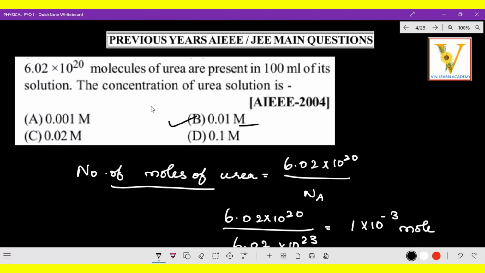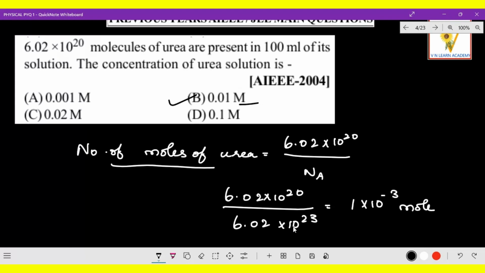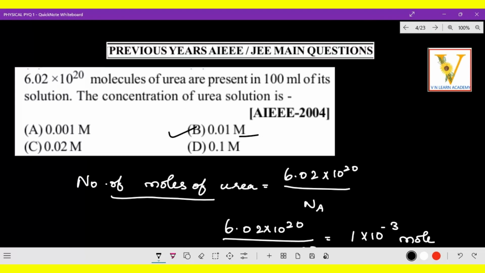Then again we have to identify the concentration: number of moles divided by volume of solution in liter, that is the concentration method. In that way we have to calculate it. I hope you got the clarity about this question. Come on, let's go to the next question.